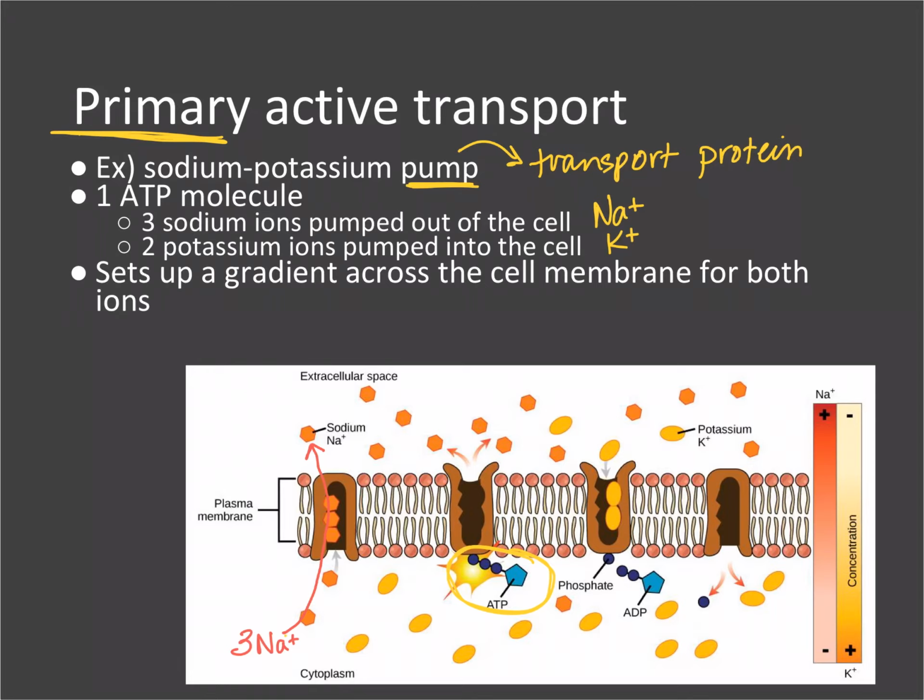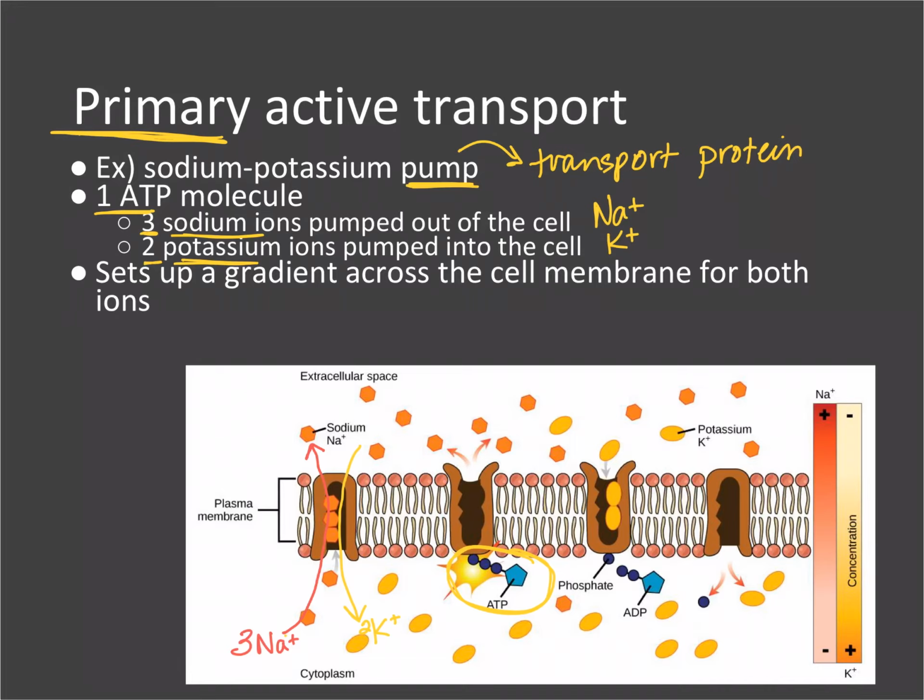And there are going to be 2 potassiums that are transported in the opposite direction. So for each molecule of ATP, you're transporting 3 sodiums and 2 potassiums, but you're transporting them in opposite directions. But they are both being transported up or against their concentration gradient.